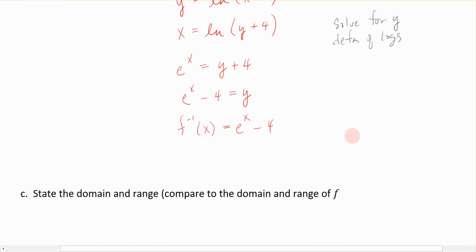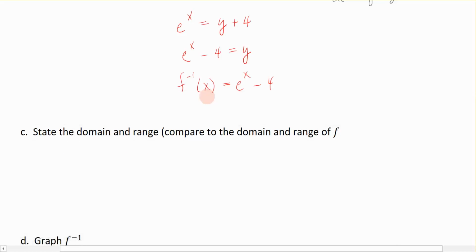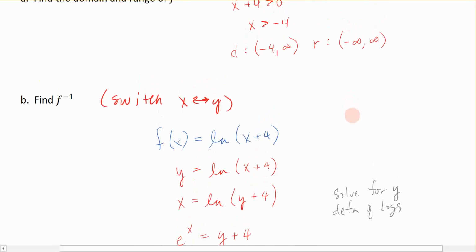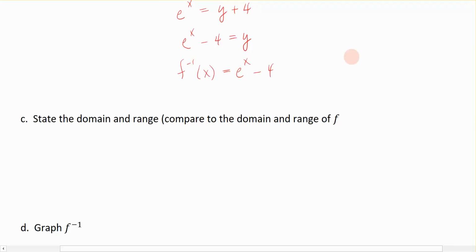Okay, now what is the domain of my new inverse function? Well, remember when we started this that we said that the domain of one is the range of the other? So the domain of my function is the range of the inverse. So if we come back up here and take a look at this, this is the domain of my original function, so it is going to be the range of my inverse and vice versa.